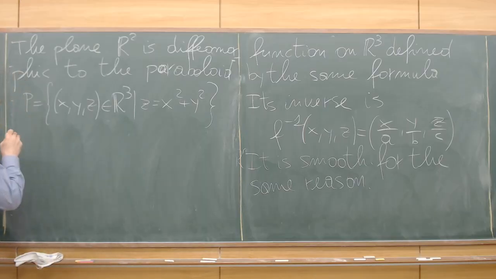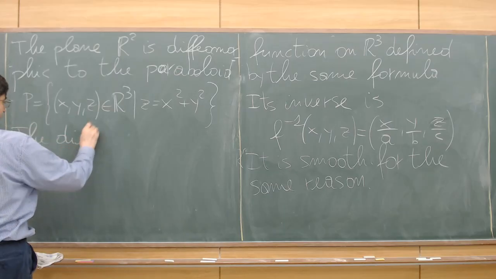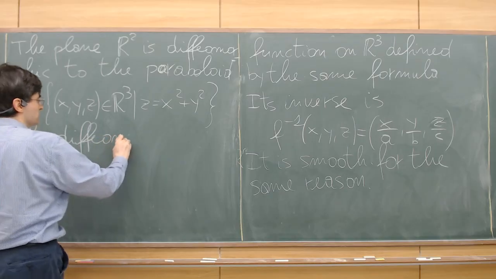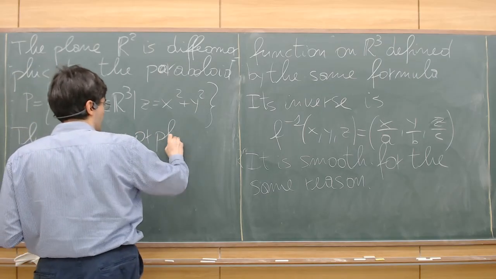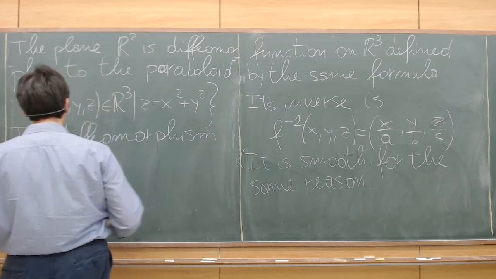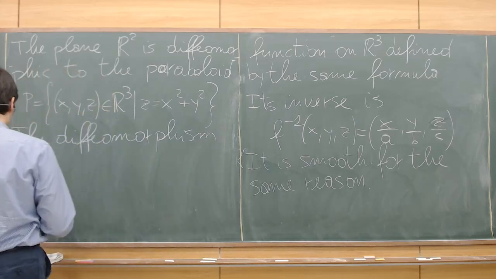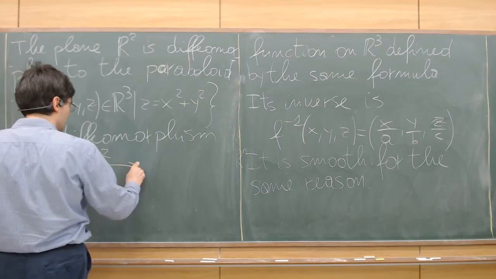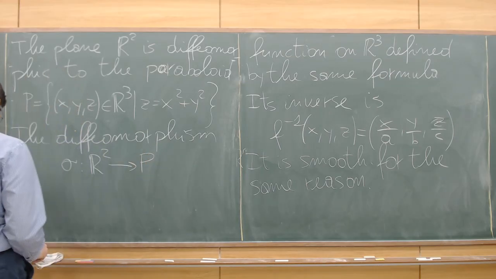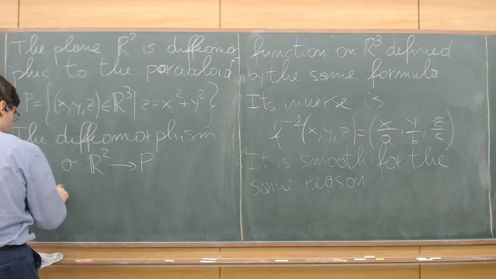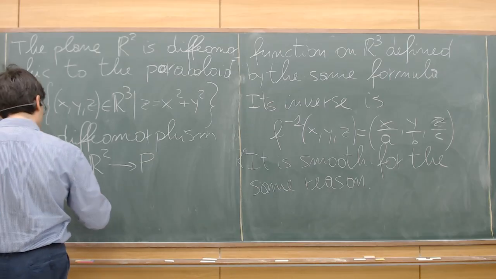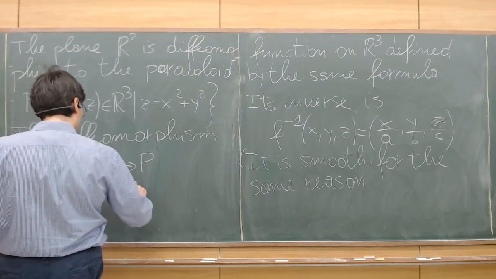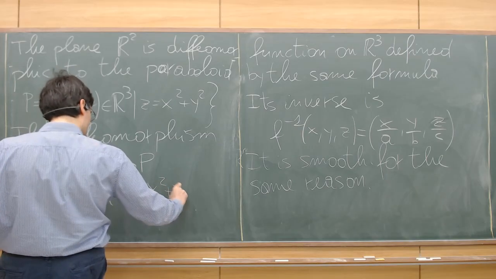What is the diffeomorphism here? It is a sigma from R2 with values in P, defined by the formula sigma of x, y equal x, y, x squared plus y squared.